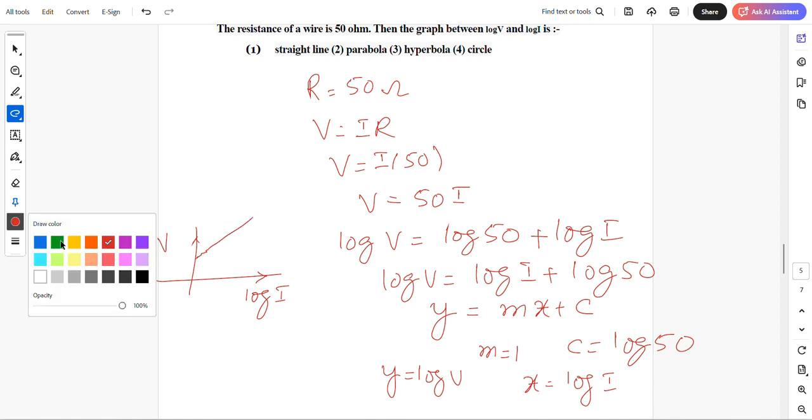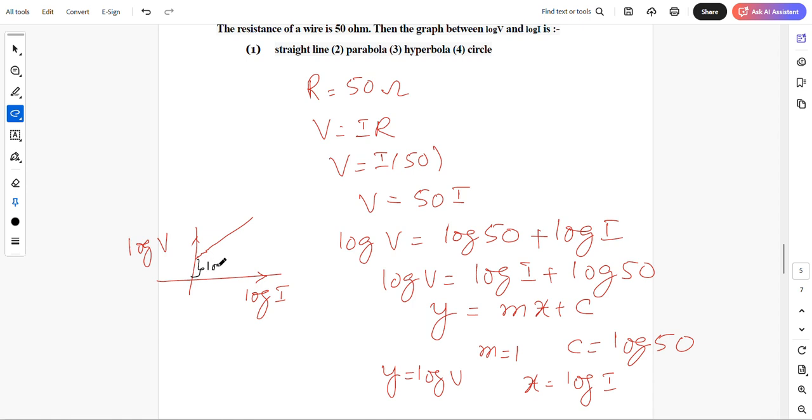This is log of 50, and this is a straight line. What will be the angle here? Slope is equal to 1, because m is equal to 1, and this angle will be equal to 45 degrees. Anyway, this is a straight line.